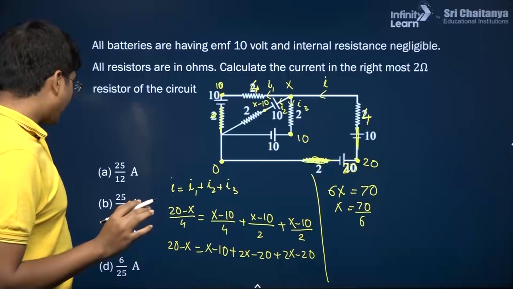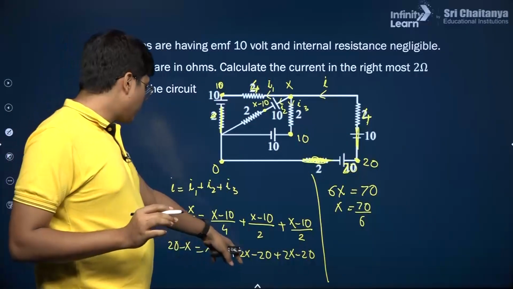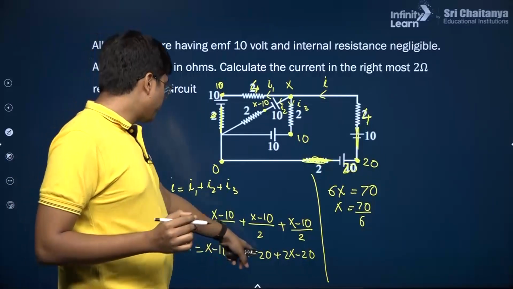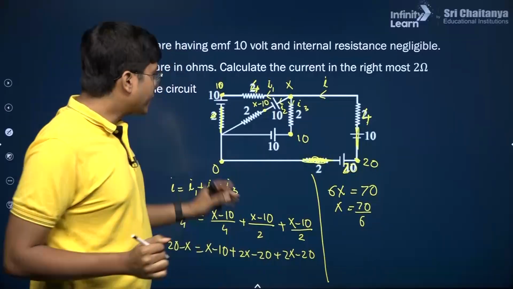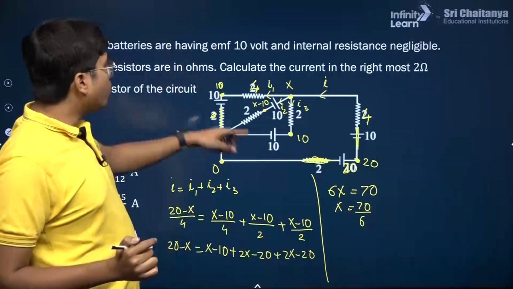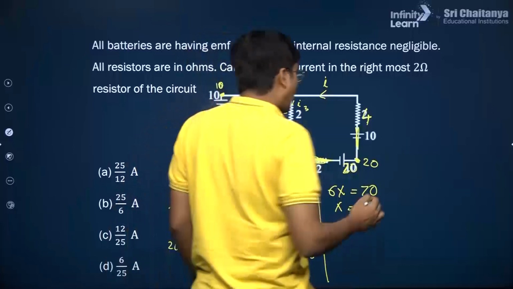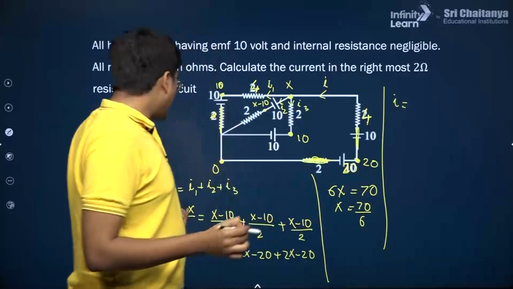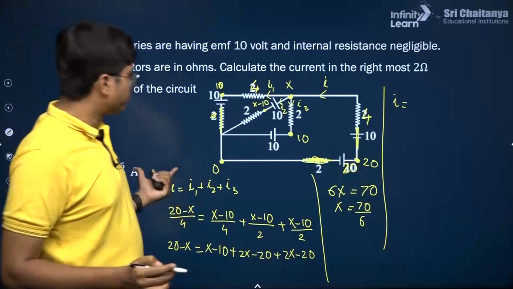Did we do the calculation right here? You have x plus x 2x, 4x, 6x. There you have 20, 30, 50, 70. Yes, x is 70 by 6. Now I want this main current I, and we saw I was equal to (20 minus x) divided by 4.